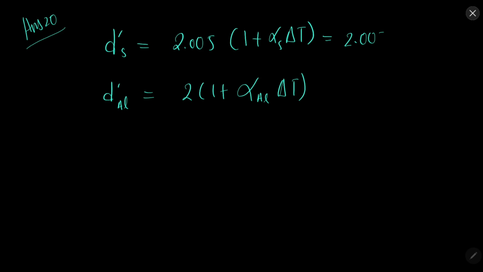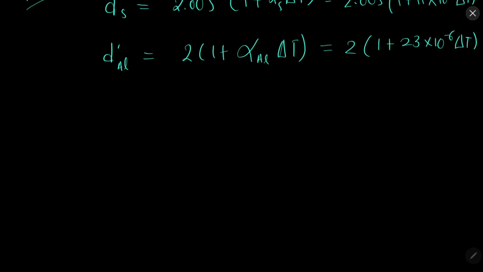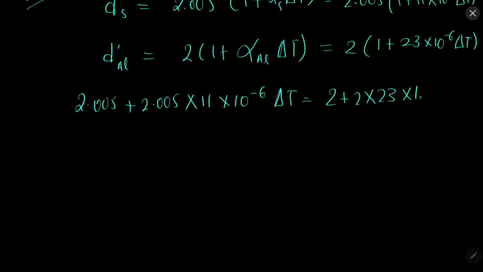So when we put the value we will obtain this thing, and this alpha Al del T. So here 2 into 23 into 10 to the power minus 6 del T. 2.005 plus 2.005 into 11 into 10 to the power minus 6 del T. 2 plus 2 into 23 into 10 to the power minus 6 del T. So del T will be 208.81.